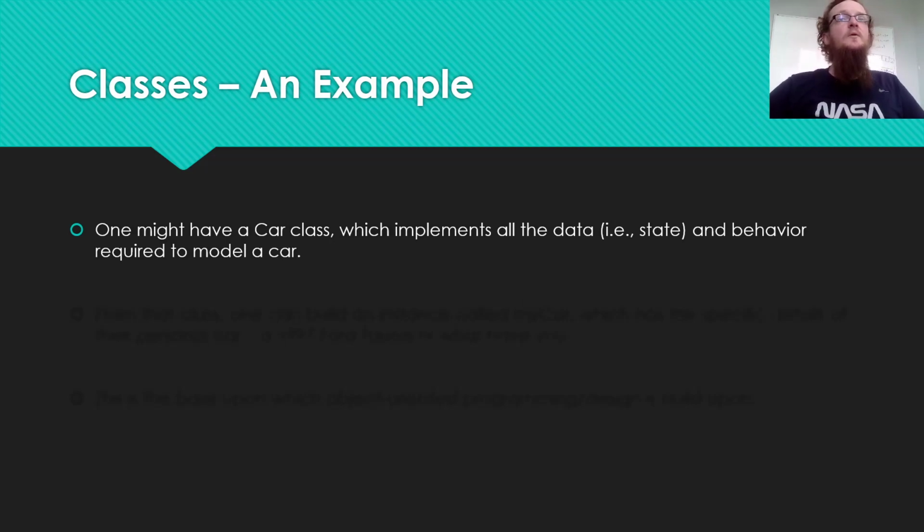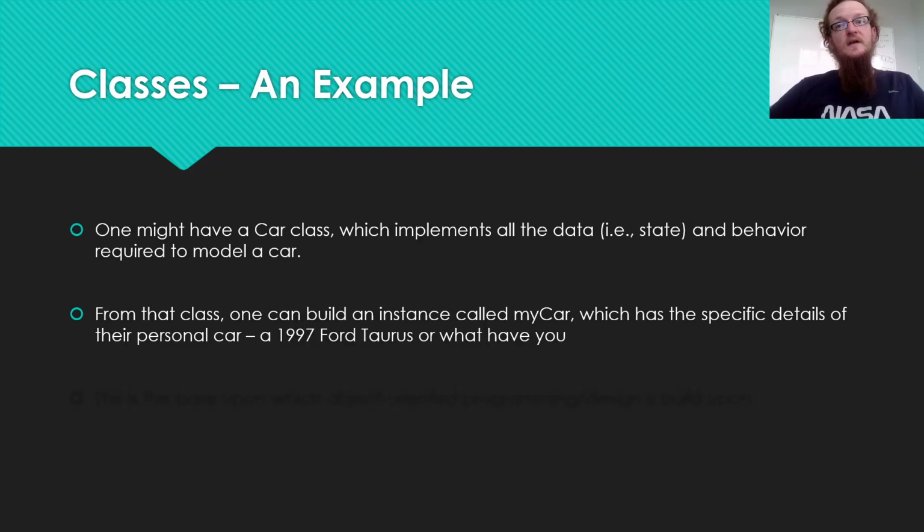So while you might have a car class that implements all of the data, for example, the year of the car, the make, the model, the color, and the behavior of the car, so speeding it up, slowing it down, parking it, putting in neutral, you can also, from that class, create specific cars. So you could have an instance called my car, and my car could be some old Ford Taurus or whatever you want it to be, and that could be different from someone else's car.